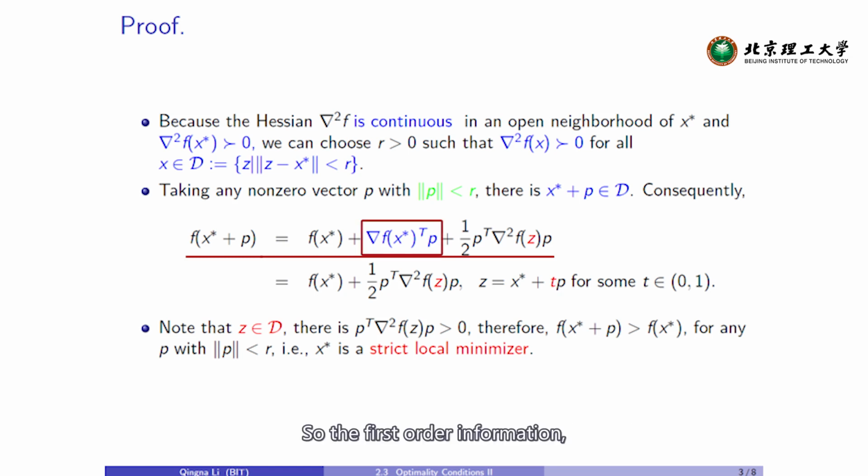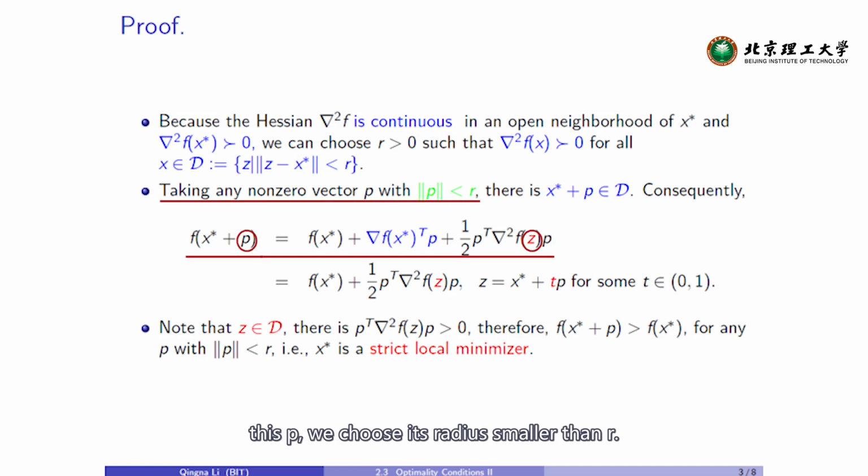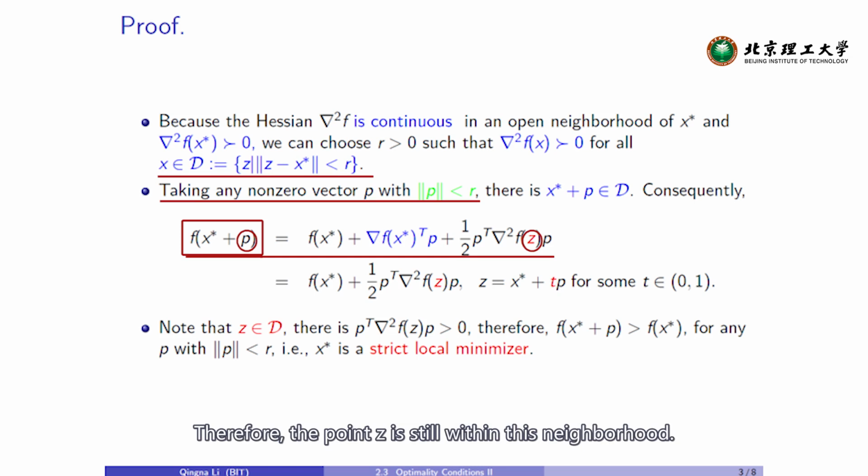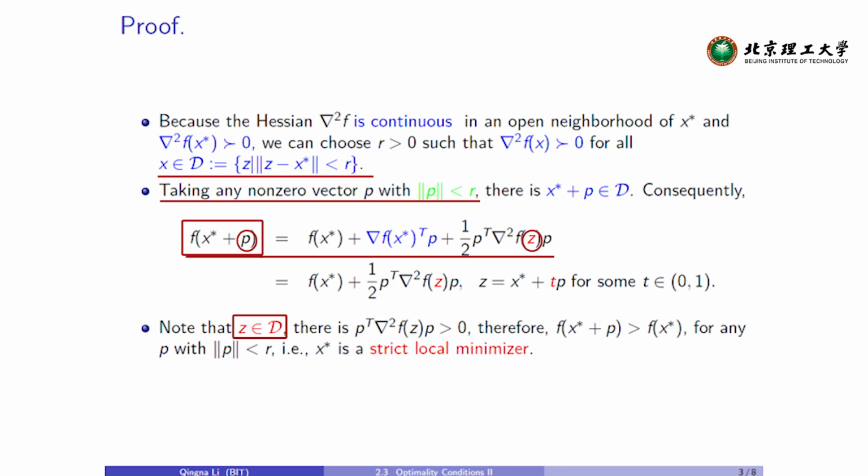So we have the first order information, and the second order information at a point Z. Z is between point X star and X star plus P. Notice that for this P, we choose its norm smaller than R. So X star plus P is within this neighborhood, capital D. Therefore, the point Z is still within this neighborhood.